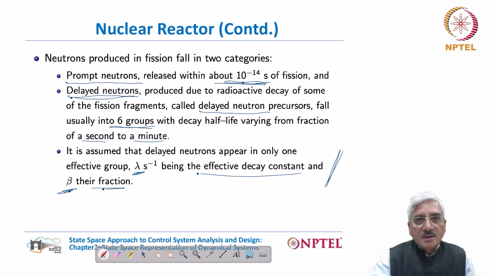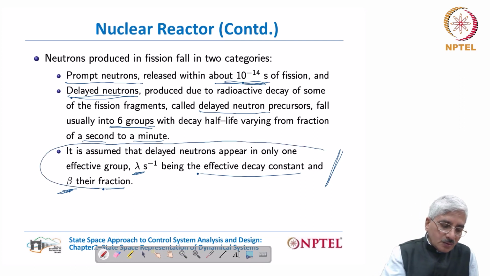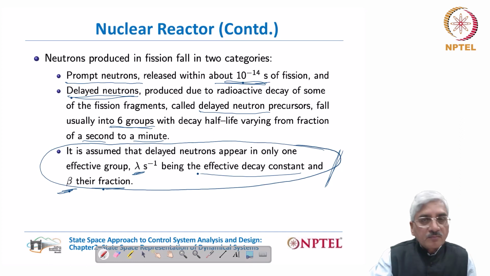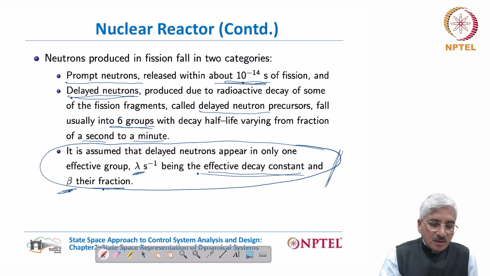They are liberated almost instantaneously with the fission, and the others are called delayed neutrons, which are assumed in our case. To simplify, we are assuming that all delayed neutron precursors can be clubbed into one effective delayed neutron precursor group having the decay constant of lambda, and beta is the fraction.